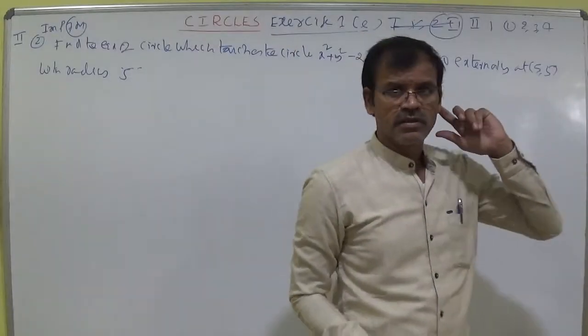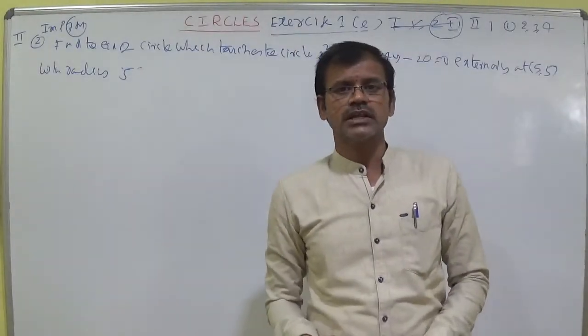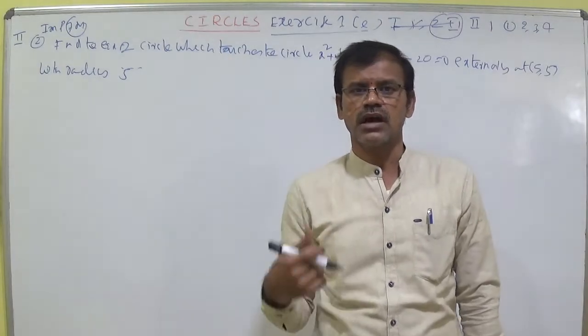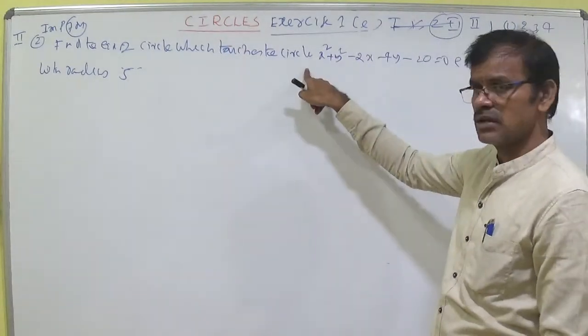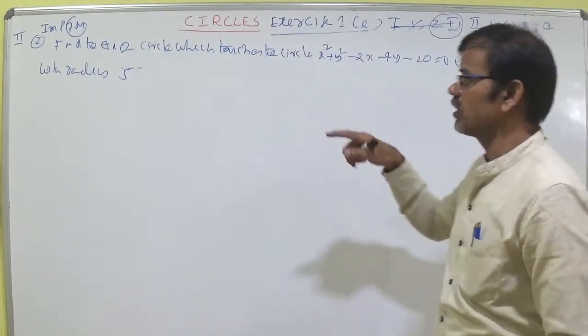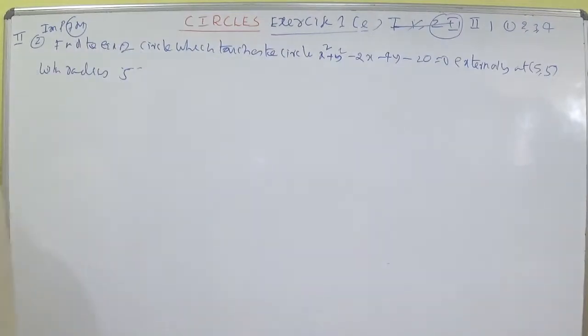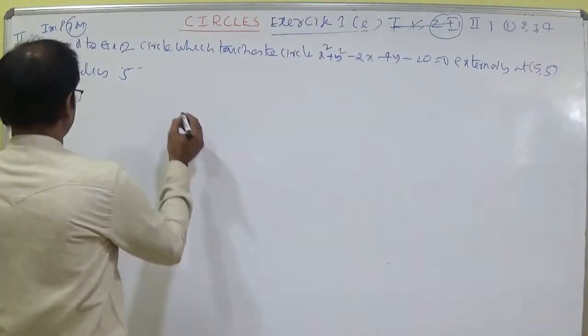We should calculate the equation of the other circle which is touching this circle at 5 comma 5, and the radius is 5.